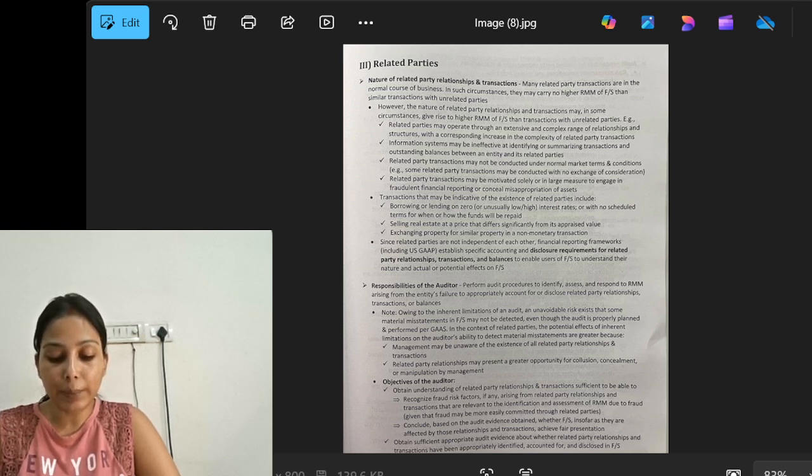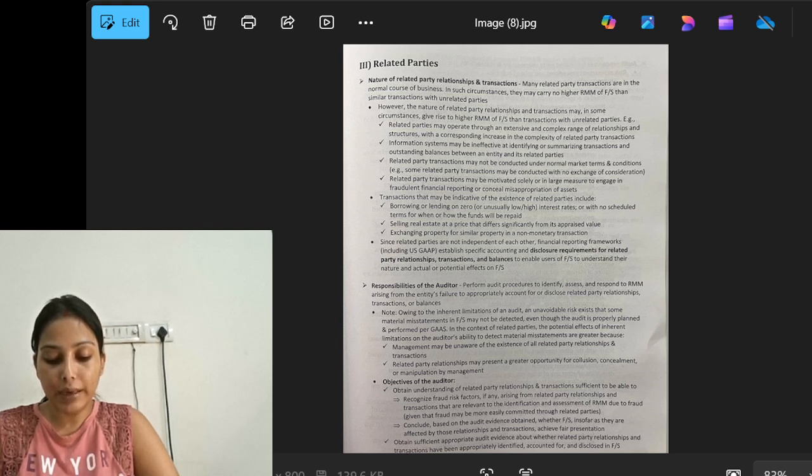However, the nature of the related party relationship and transactions may, in some circumstances, give rise to a higher RMM of the financial statements than transactions with unrelated parties. A few examples: related parties may operate through an extensive and complex range of relationships and structures, with a corresponding increase in the complexity of related party transactions.